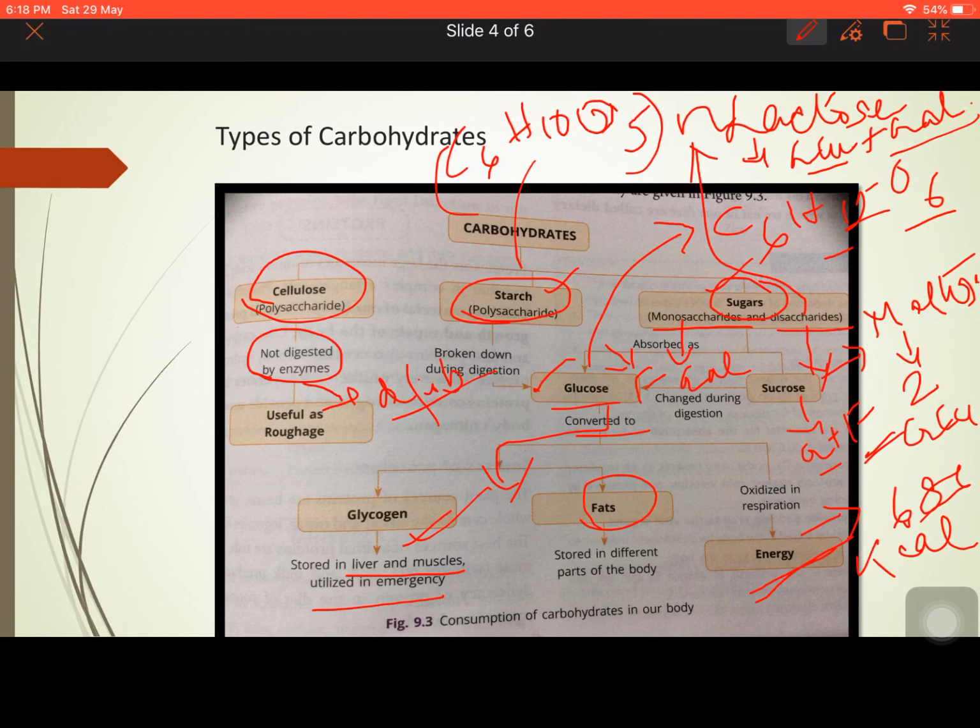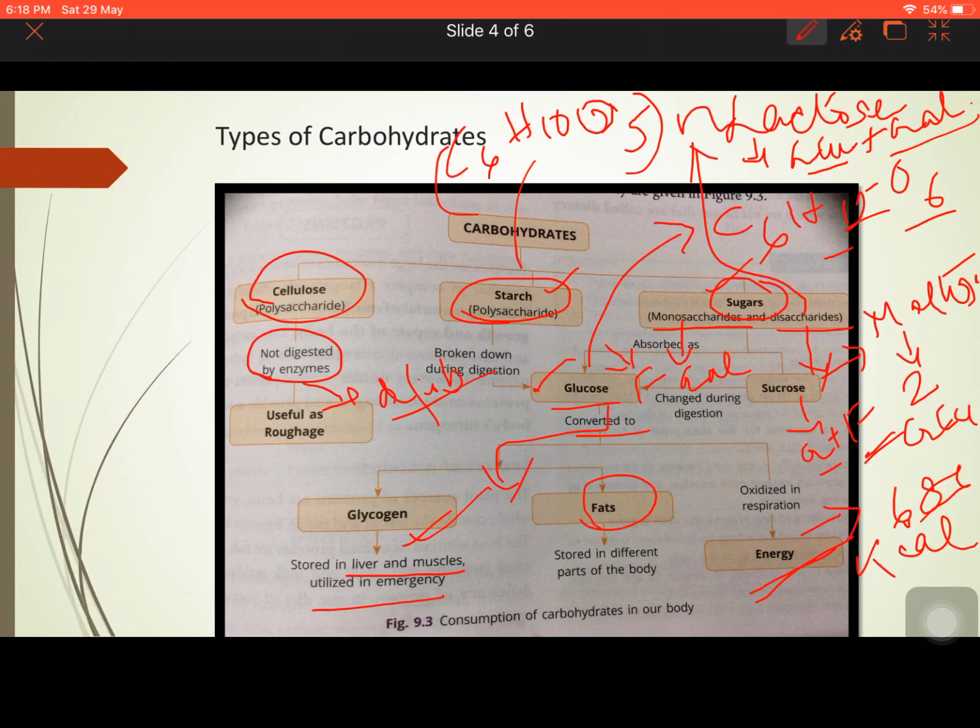So fiber acts as a roughage and it helps us to make our system clear. To make our system clear, it is very important that we consume roughage, and that roughage is that cellulose part which we take from plants, seed coats, vegetables, seeds, etc., which we are not able to digest because the enzymes are not present in our body.